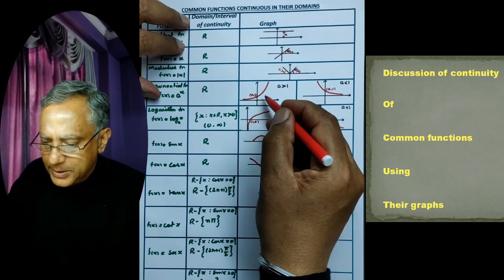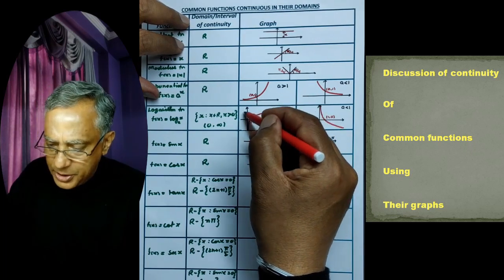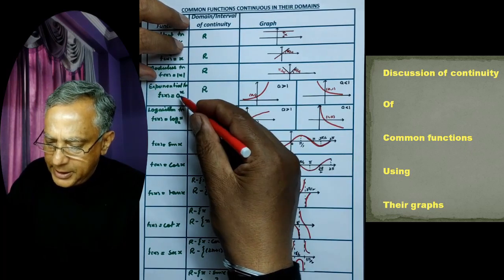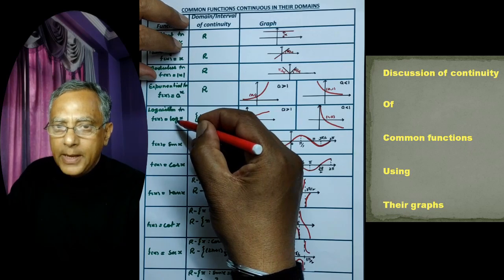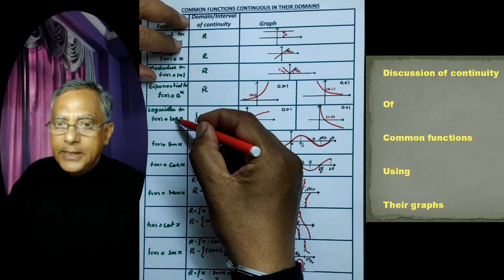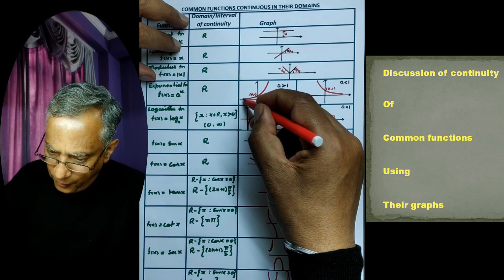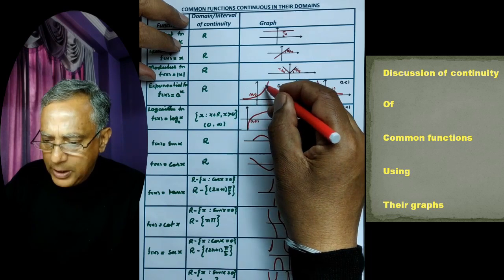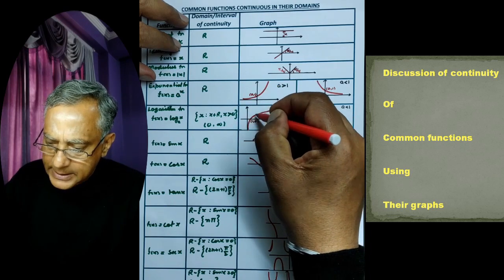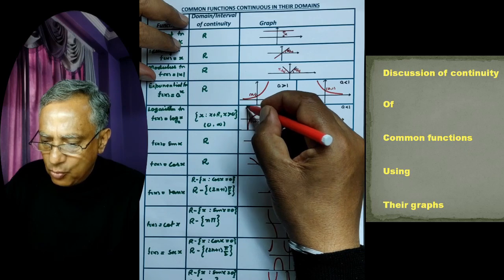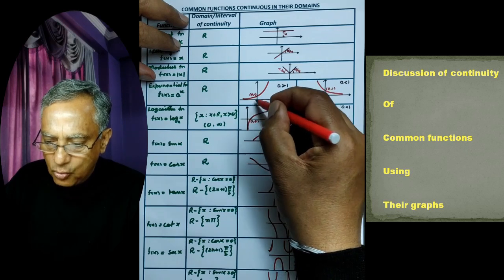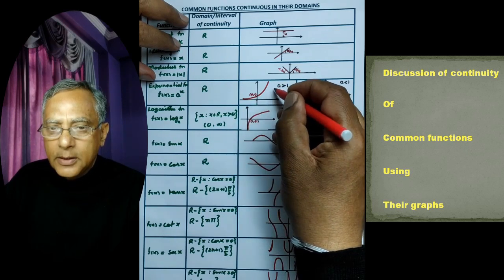And when we study inverse functions, we will note that these two functions are inverse functions, inverse of each other. And so the graph of this will be the mirror image of this graph in the line y equal to x.